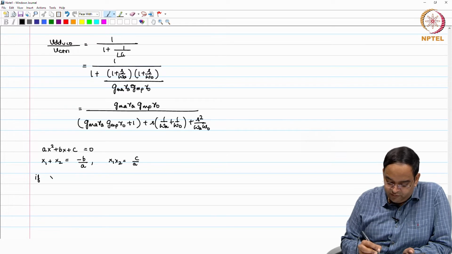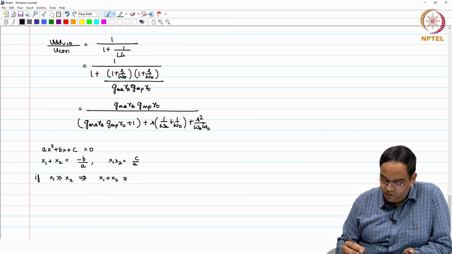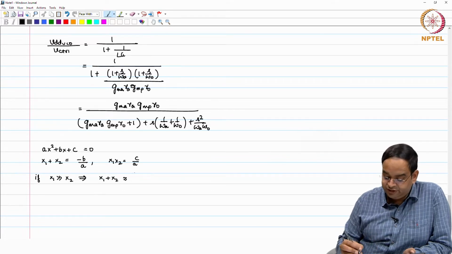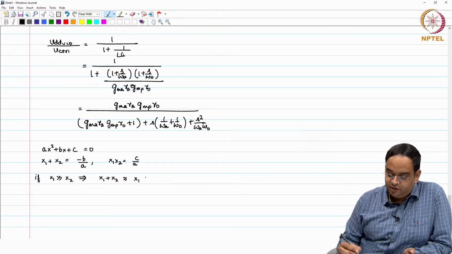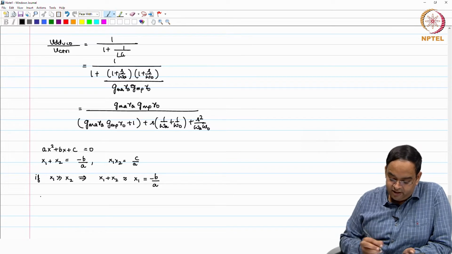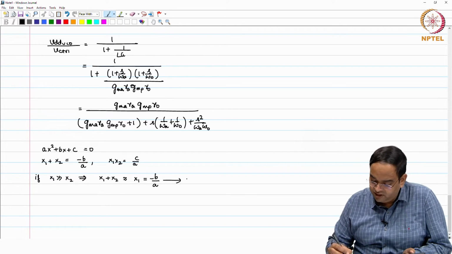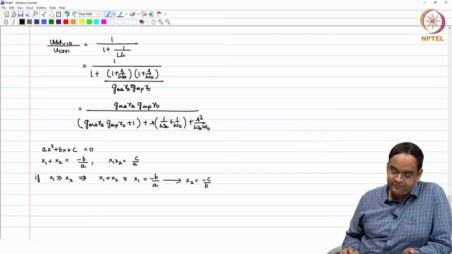If I assume that x 1 is much larger than x 2, then x 1 plus x 2 is equal to x 1, which, by the way, is an approximation, is minus b by a. Then substituting this in the product equation, I can write x 2 as minus c by b.